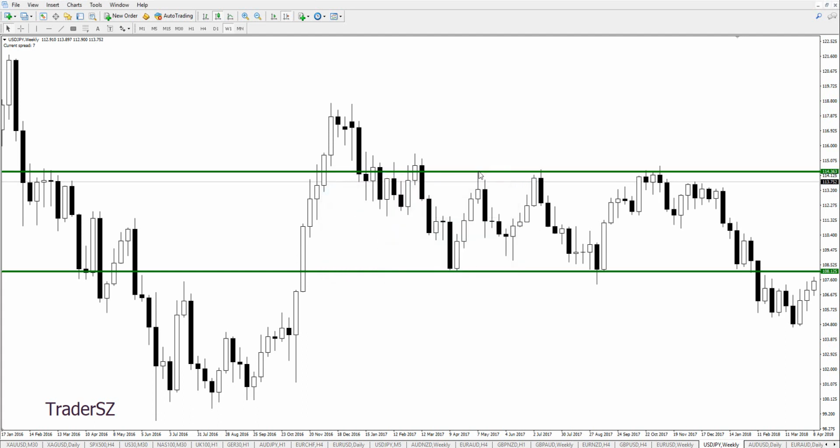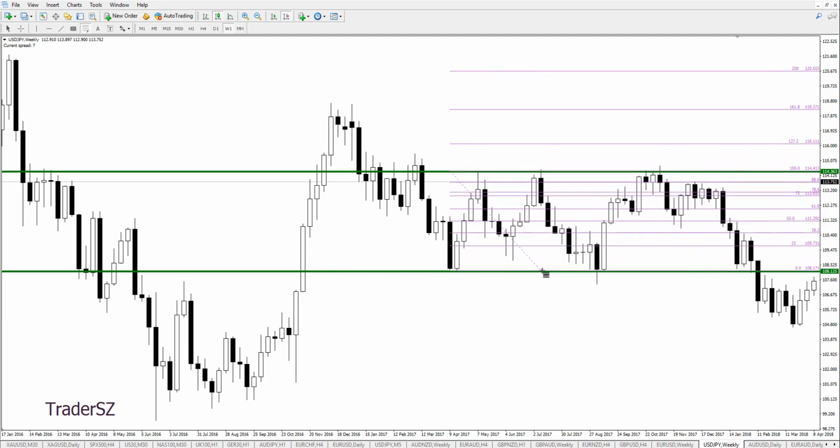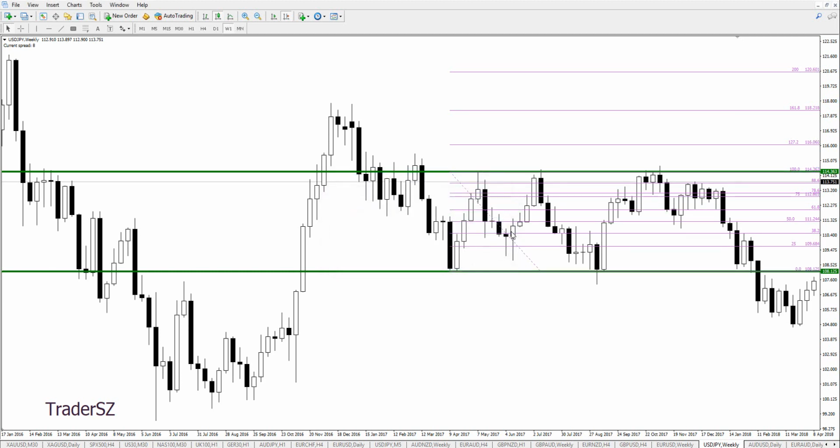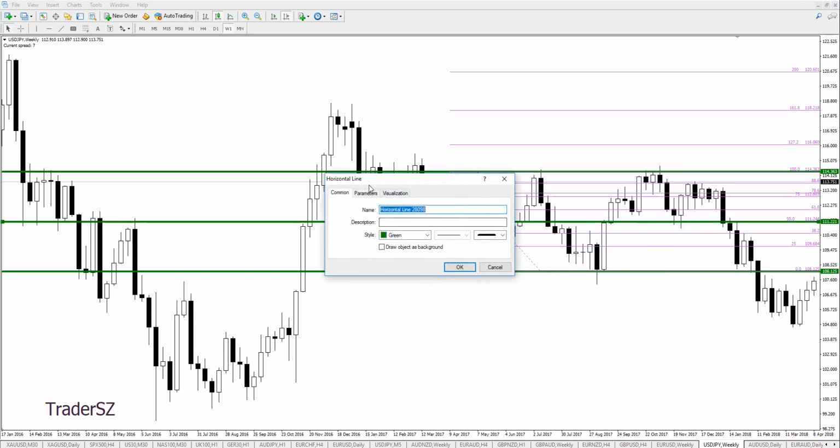Then I'm going to mark out the mid range, the midpoint. 114.363 and 108.125. So the mid range comes in at 111.244. 111.244.